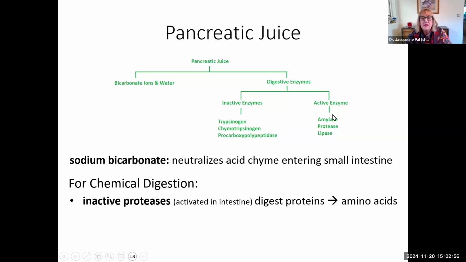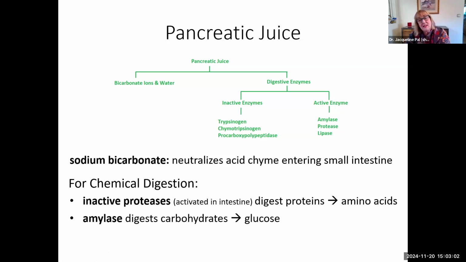In addition, we have some active enzymes. Why? Because what they're active against is not present in the pancreas normally. We have amylase, and we've already learned from our salivary glands that amylase digests carbohydrates. And so now carbohydrates eventually are going to be broken down and give us those monomers, specifically glucose, which can be absorbed.